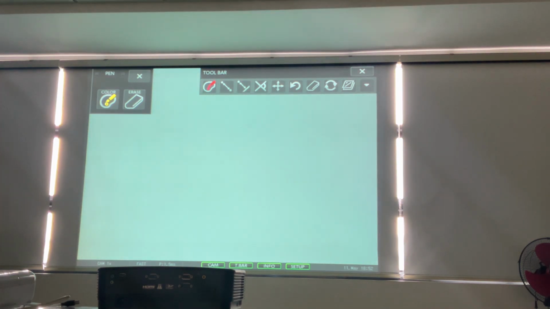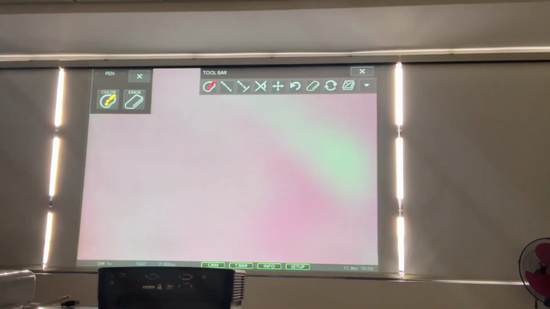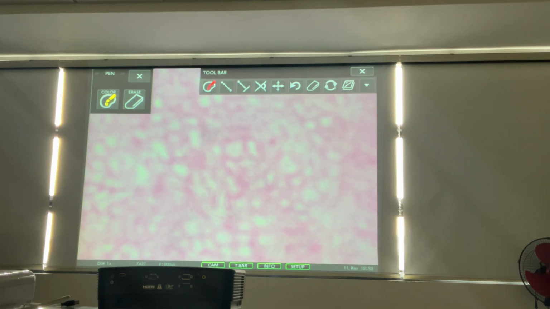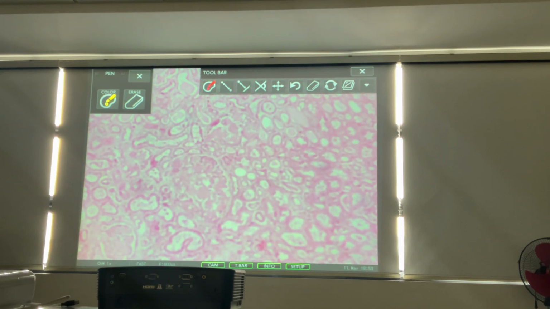So another differential diagnosis, although this one is a little bit easier to spot compared to your diabetic nephropathy and lupus nephritis, is amyloidosis. Amyloidosis is a condition wherein there are abnormally folded proteins. And since we do not have the mechanism to process and metabolize them, they are deposited in the tissues.